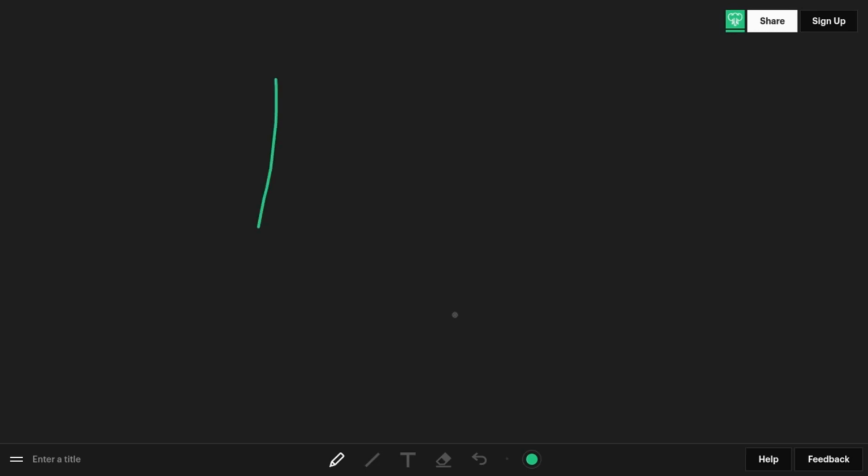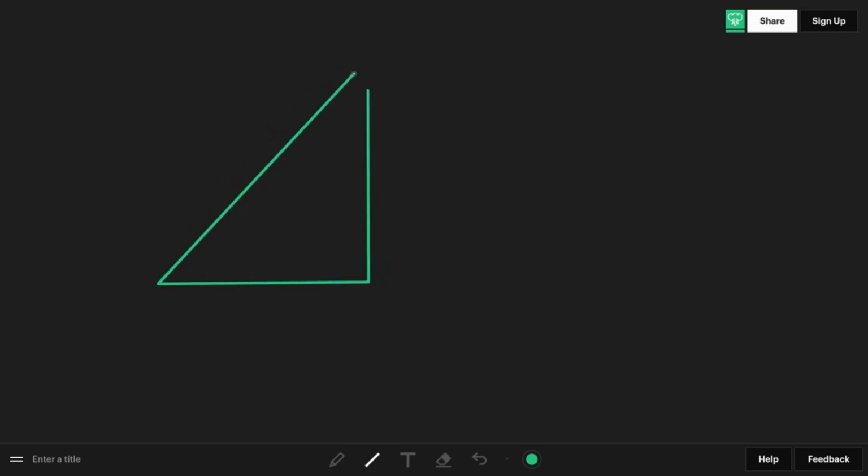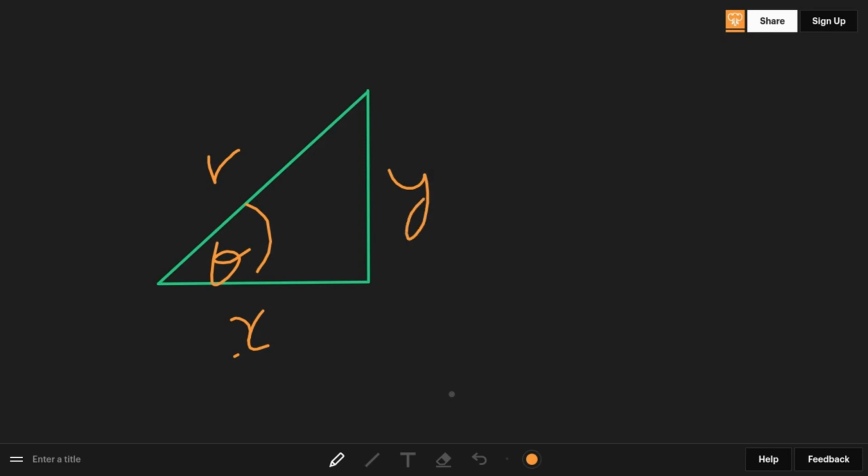So if I were to have a right triangle here, with, say, r as in the radius. Here's angle theta. Here is x. And here's y.